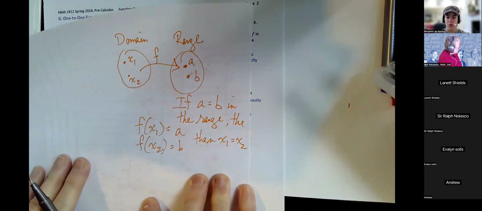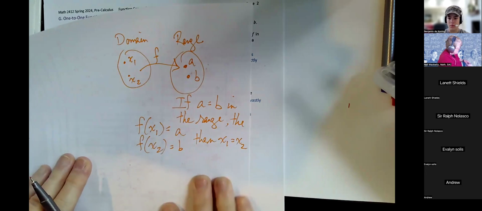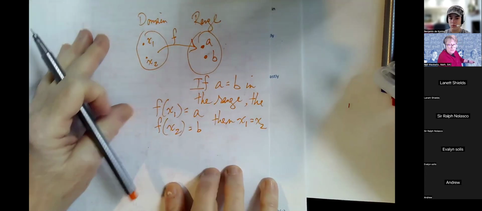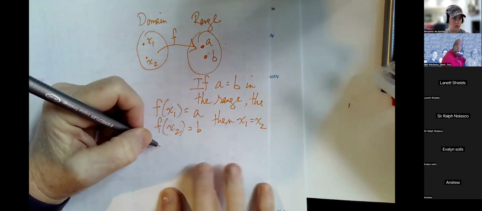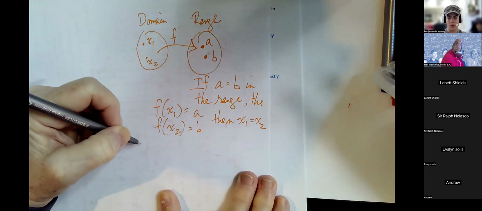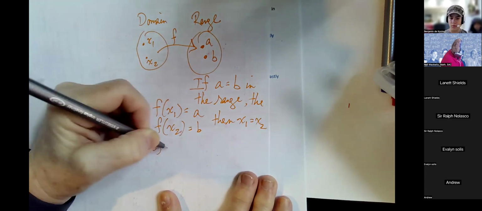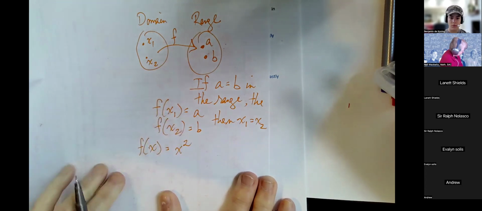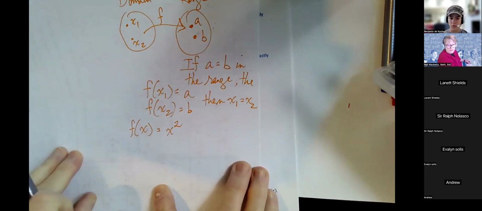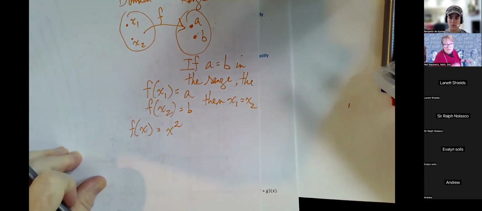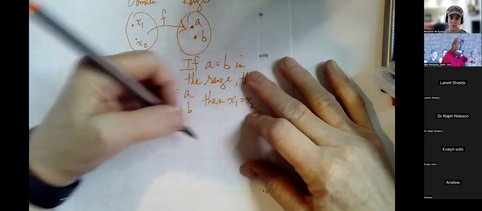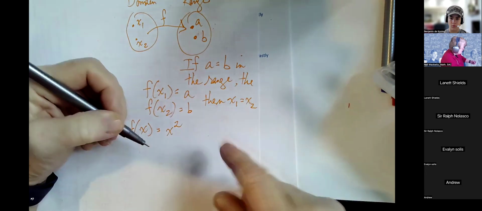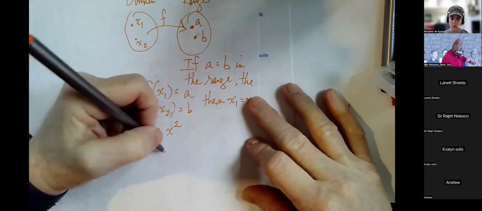Let's look at a couple of examples just very quickly, because this idea is super important. So if we had this function, f of x is equal to x squared, and pick a perfect square, any perfect square, not counting 0. Let's go with 9, because that was first. So 9 definitely lives in the range.